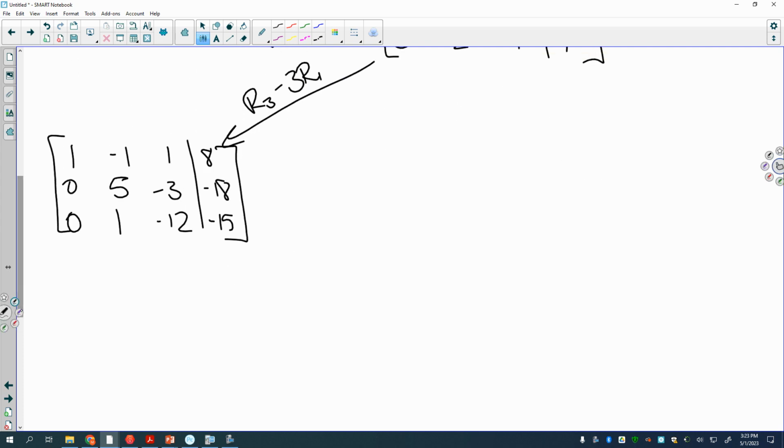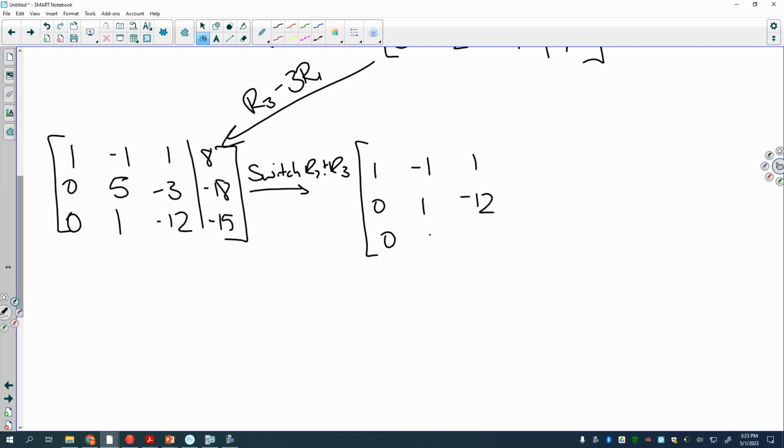So at this point, I'm just going to switch row 2 and row 3. The reason for that is it gets me that 1 right there along the diagonal.